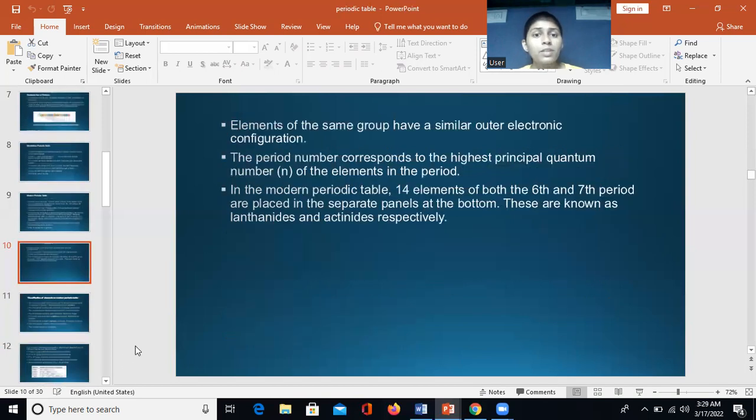The elements of the same group have a similar outer electronic configuration. The period number corresponds to the highest principal quantum number, that is n, of the elements in the period. In the modern periodic table, 14 elements of both the 6th and 7th periods are placed in separate panels at the bottom. They are known as lanthanides and actinides respectively.